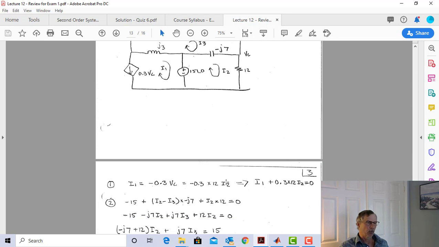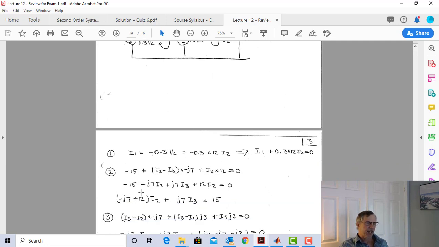So there's one equation. My next equation, minus 15 plus (I2 minus I3) times minus J7 right here, plus I2 times 12 equals 0. And I'll massage that out to get my I2s and I3s separated out.